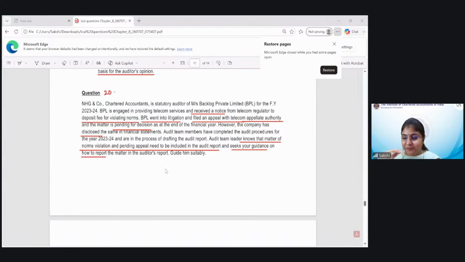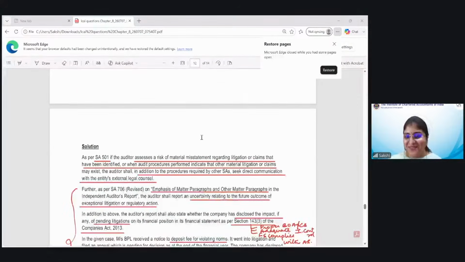Anyone? No? I've told you about section 143, subsection 3. Yes, you have got it right. Very good. Very nice revision going on. So proud of you. Okay, let's see how the answer is written.